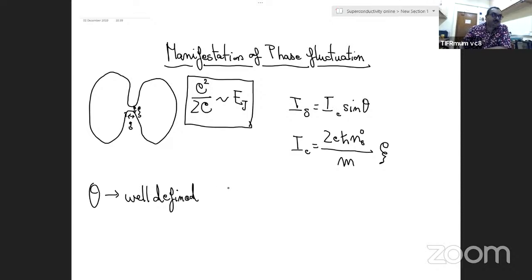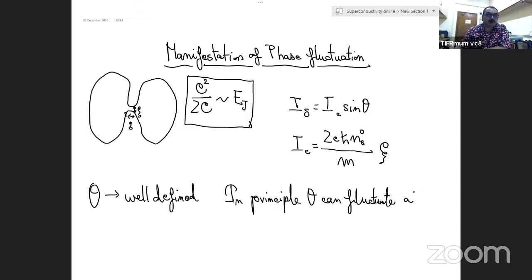However, in principle, theta can fluctuate about a mean value.